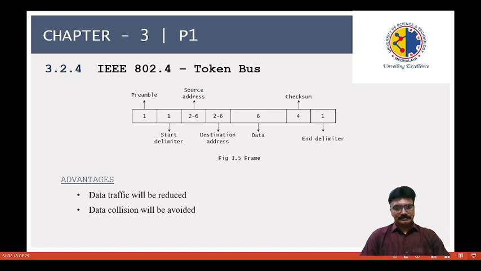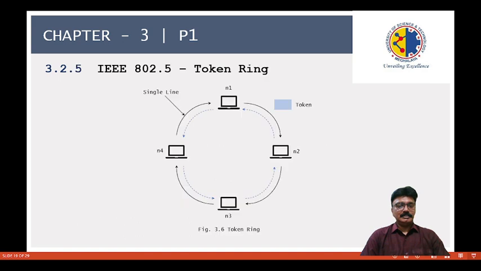With that, the data can travel very easily and the traffic will be reduced. The data collision also will be avoided because the data movement is very perfect without disturbing other data or other information.